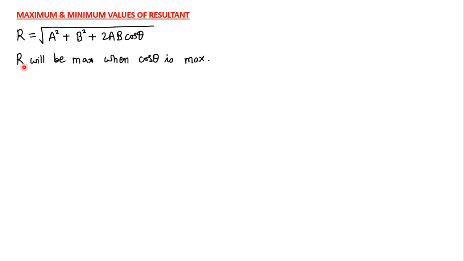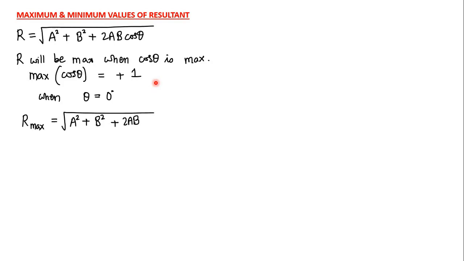First, R will be maximum when cos theta is maximum. It is known from mathematics that the maximum value of cos theta is equal to plus 1. And this happens when the angle theta is equal to 0 degrees, cos 0 is equal to plus 1. By substituting cos theta equal to plus 1, we get the maximum resultant R max is root of a square plus b square plus 2ab.